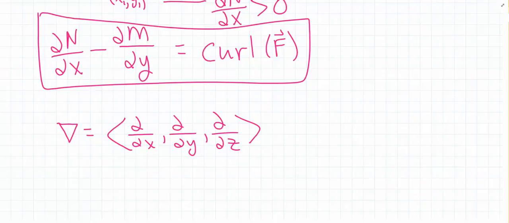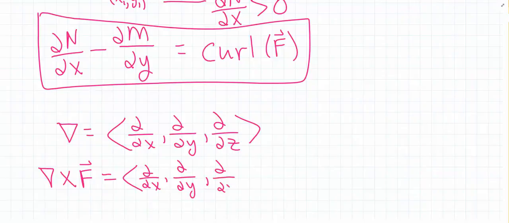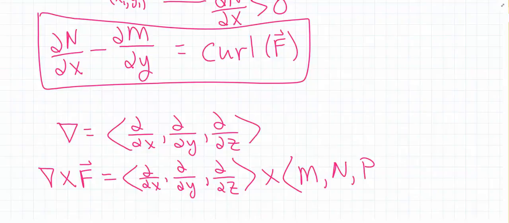We're going to take del cross F. That's going to be partial x, partial y, partial z, and we're crossing that with m, n, and let's say p. There's our vector field.